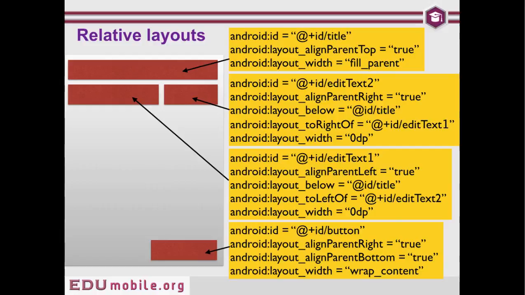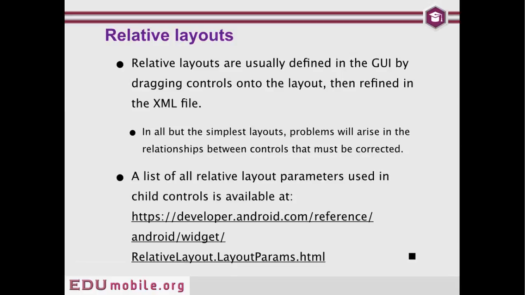As we drag controls to a relative layout, problems will arise between the references, and they will need to be corrected in the XML itself. So I just want you to be aware of that, and we talk about that a little bit here in the next slide as well.